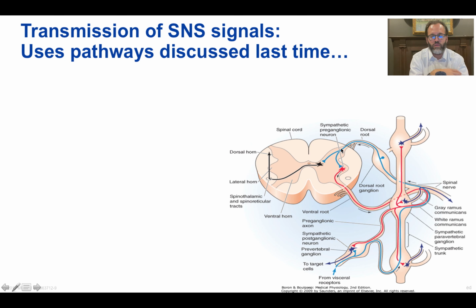So again, all of these signals are going to be passing through these peripheral pathways as we discussed last time, going through the preganglionic neurons, synapsing here, going to postganglionic and target tissues, and having modulation from visceral receptors coming back, and ultimately modulating these signals and optimizing them in the spinal cord.